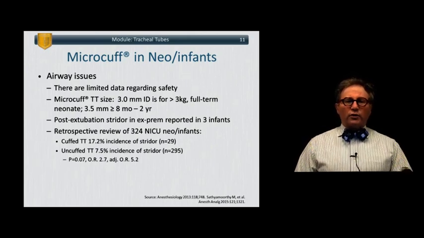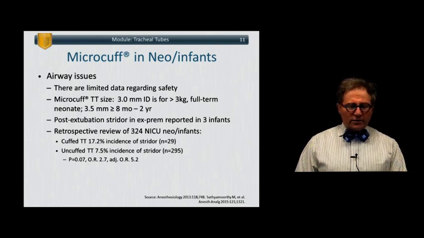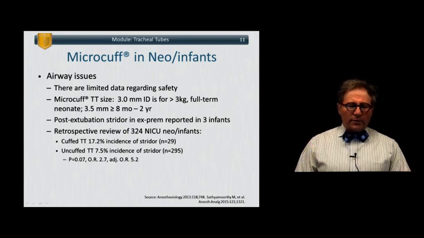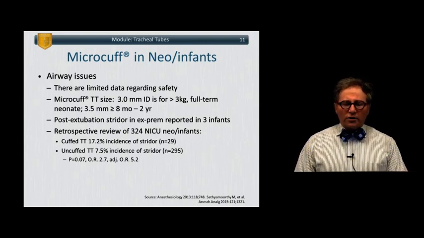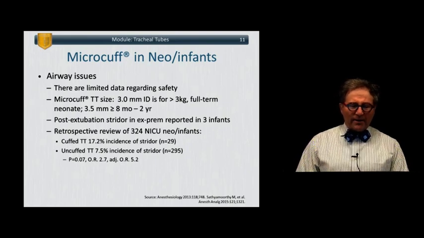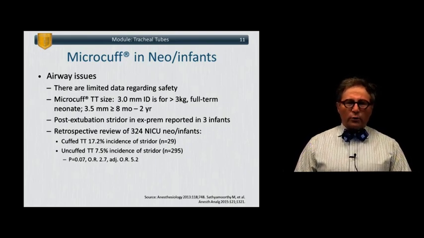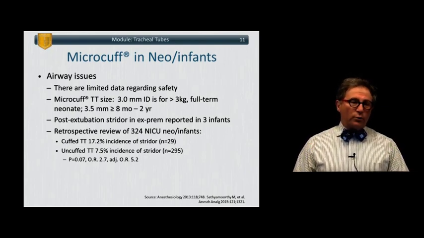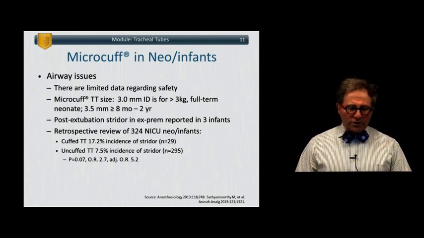So it is important to use the tube based on the manufacturer's recommendations, because we reported a number of cases of post-extubation stridor previously, and then reviewed a large number of our NICU infants who were treated with a microcuff tube versus an uncuffed tube, and found about a 3-fold greater incidence of transient stridor when the microcuff tube was used in these ex-premature infants.